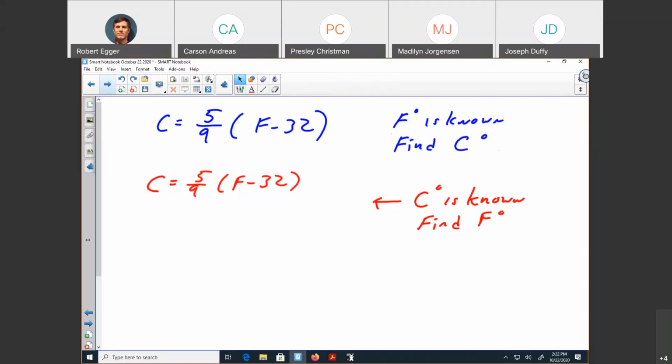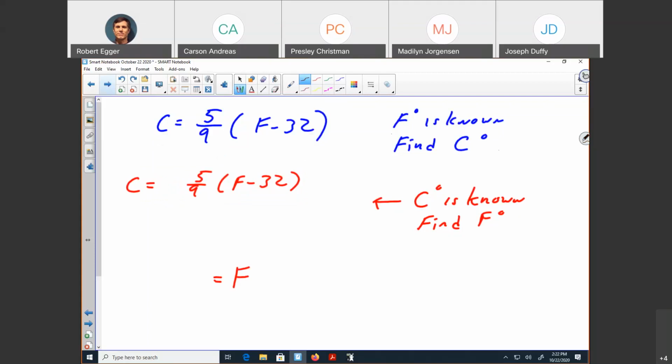Now, what I see is the first thing I need to do, yeah, I can multiply through by 5/9, but I also have to just undo it again.